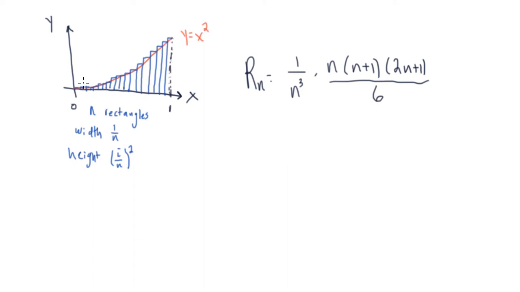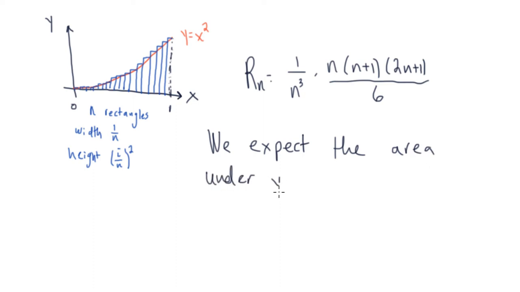Okay, so that's the area of the sum of all of these rectangles, which, as you can see, is getting very, very close to the actual area underneath the curve of y equals x squared. And so we expect that the area is the limit as n goes to infinity.